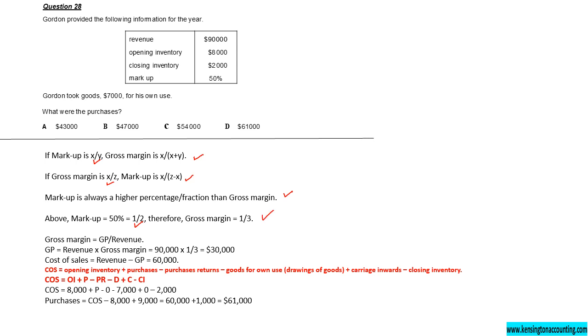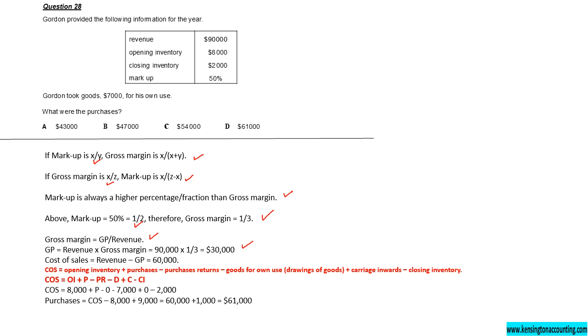Now, the definition of gross margin is gross profit divided by revenue. Revenue is given, gross margin is 1/3. Therefore, gross profit is revenue times gross margin. So it's 90,000 times 1/3, which is 30,000. Therefore, we know gross profit is 30,000.